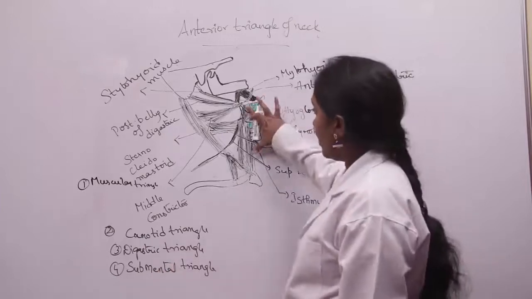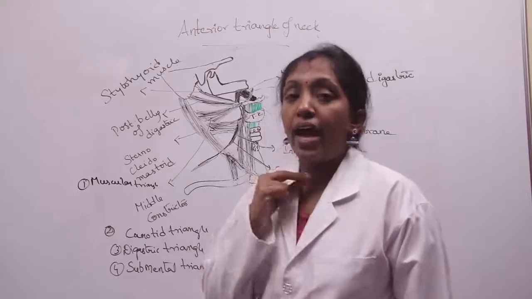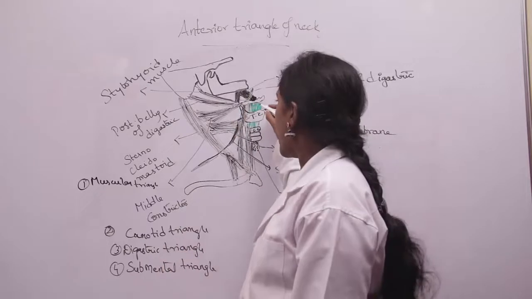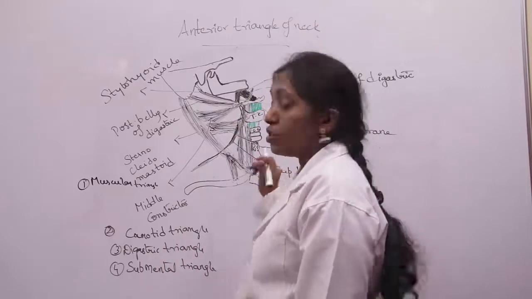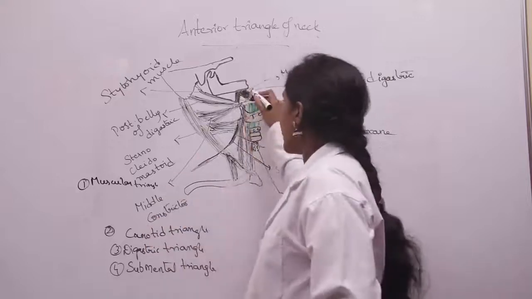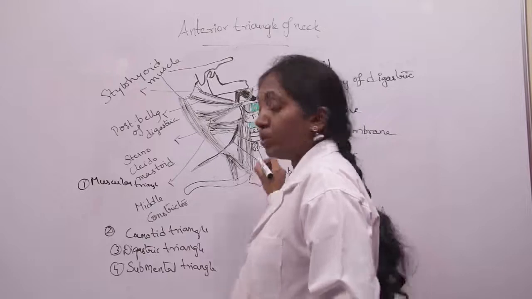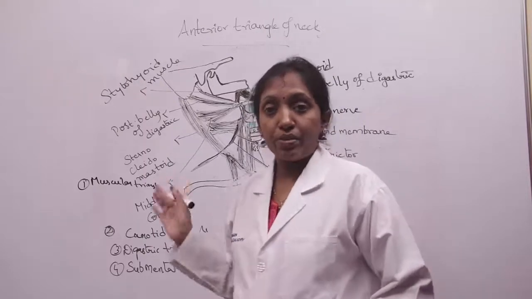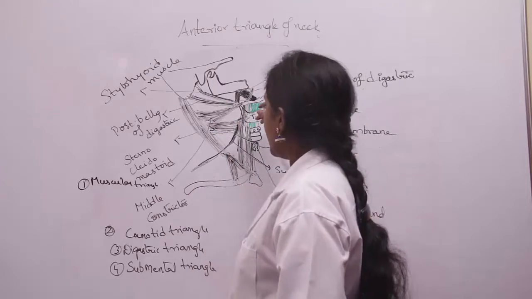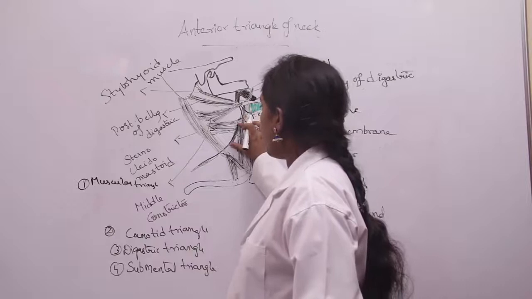So coming to the muscular triangle. The anterior boundary of the muscular triangle is formed by a line extending from the symphysis menti to the suprasternal notch. And coming to the posterior boundary, behind and above it is formed by the superior belly of omohyoid.